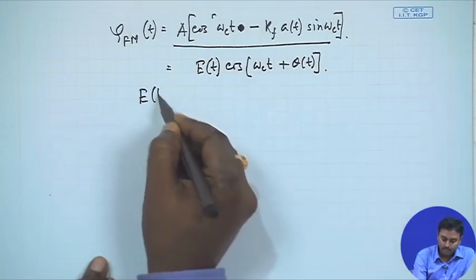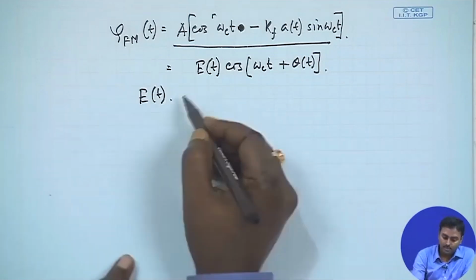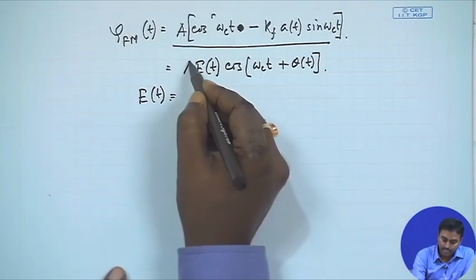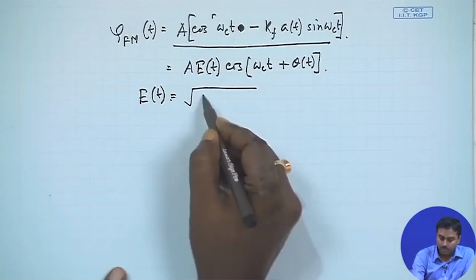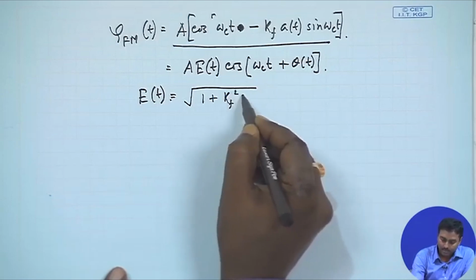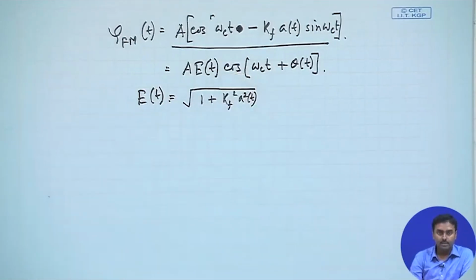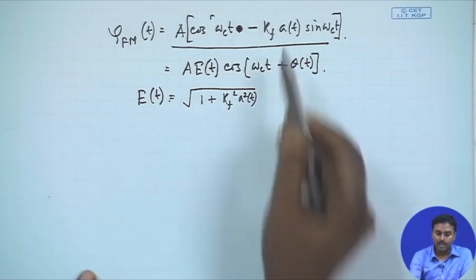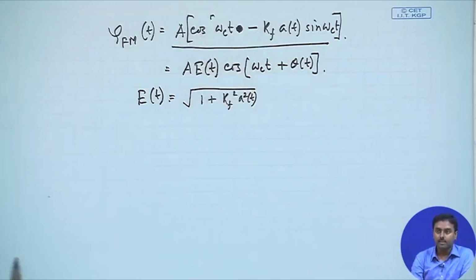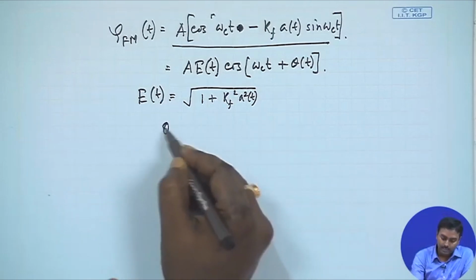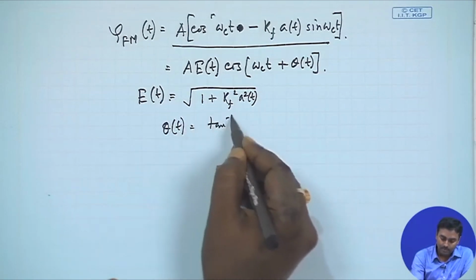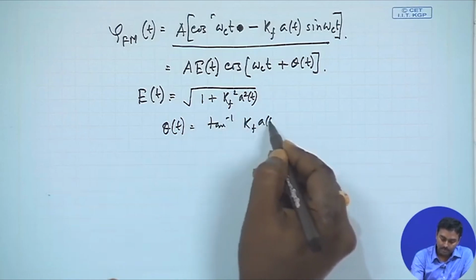What is E(t)? I can write it as A E(t). Then E(t) should be the square root of 1 plus kf square a square(t), right, because I am just trying to represent it as a cosinusoid. Okay. Accordingly we can put that, and this is what we get, because I can put this as sine theta(t) and this as 1 as cos theta(t), and then you manipulate it. Immediately we can also see that theta(t) will be just tan inverse of kf into a(t).